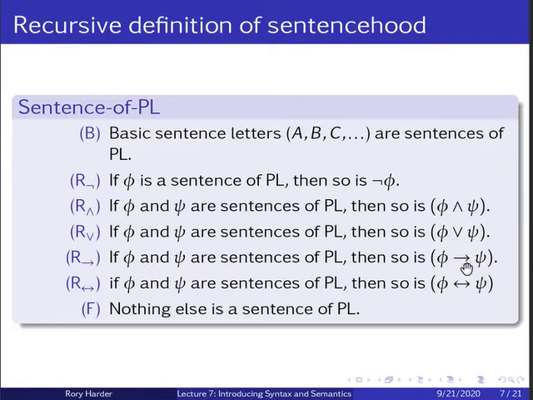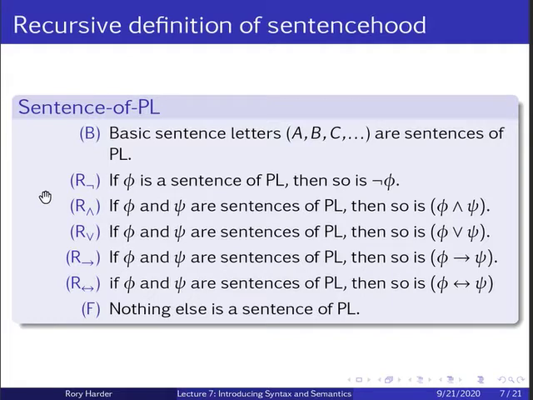You can also do this with the conditional sign and the biconditional sign. And the final rule says that nothing else is a sentence of propositional logic. That is, that the only sentences are things you can build up by repeated applications of these rules. And the fact that we're using variables in the rules for negation, conjunction, disjunction, conditional, and biconditional allows us to recursively apply these rules to their own products.